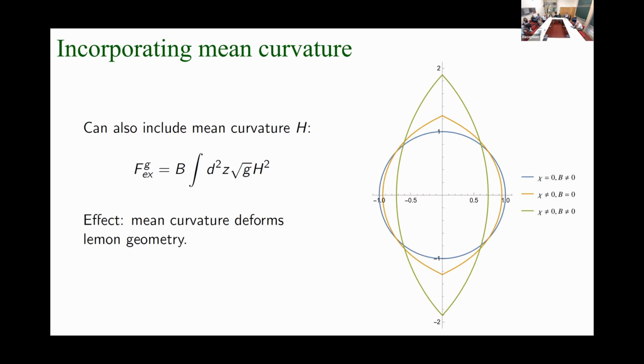Counterintuitively, it smooths out or lessens the effect. If you have a fixed area sphere and you add a mean curvature squared term, you want to flatten it so that the bulk of the sphere is flat, so that's zero. But then the curvature has to go somewhere. It just goes to the tips.